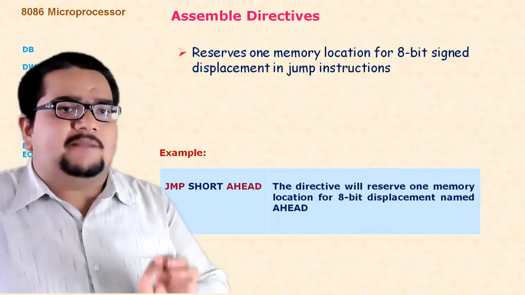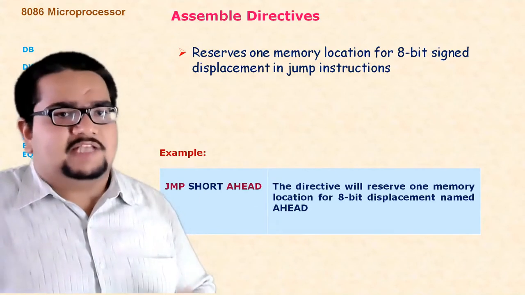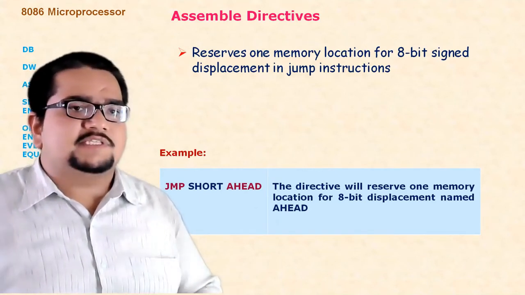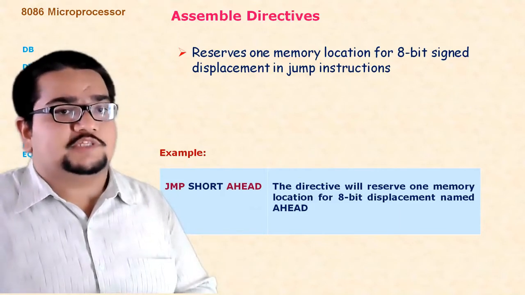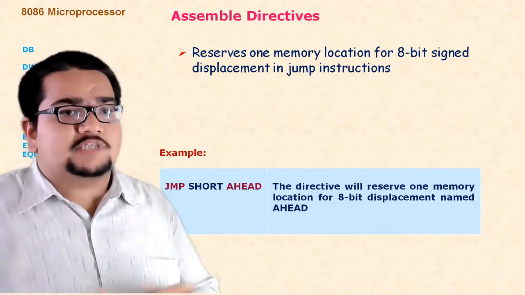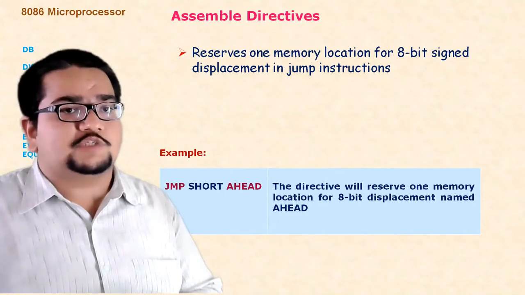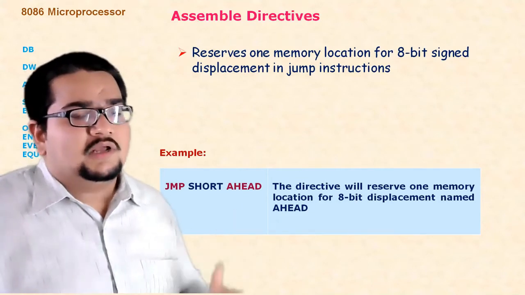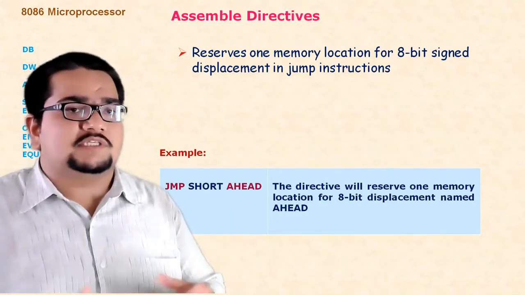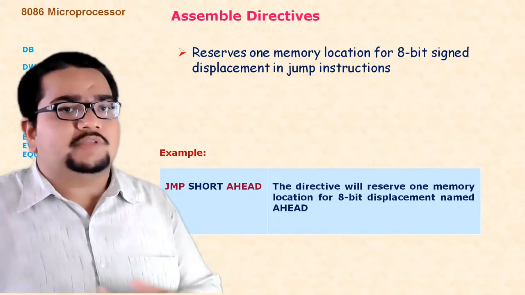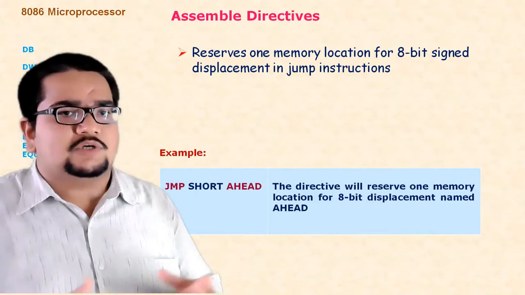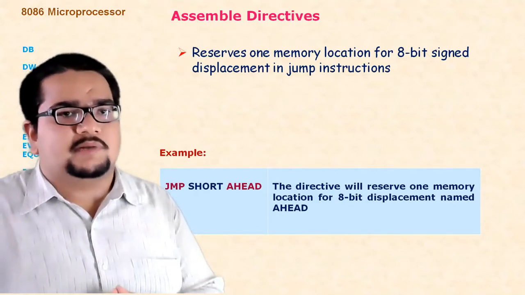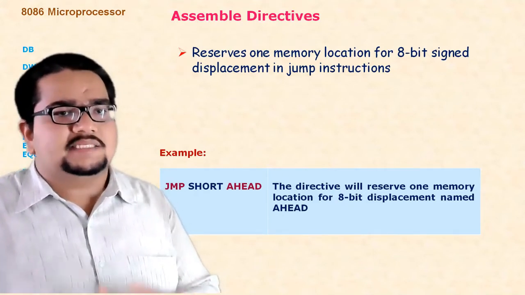When I am writing 8 bits, the maximum will be FFH, which is 256 bytes of space. So whenever our jump is within 256 bytes of space, we write SHORT. Otherwise, we avoid writing SHORT because the displacement that time can be more than 256 locations. Why 256? Because the maximum number possible in 8 bits of binary is 256.